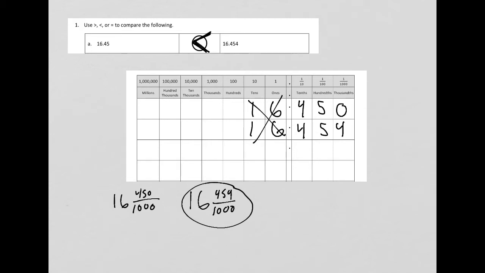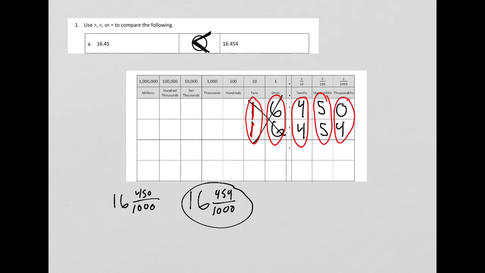Another way that you can check your work here is by going through each column. Starting from the left, they both have 1 ten, so they're equal. They both have 6 ones, so they're equal. They both have 4 tenths, so far equal. They both have 5 hundredths, so they're equal.